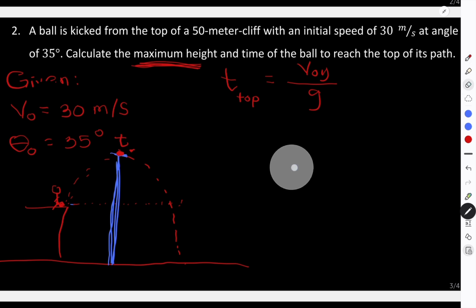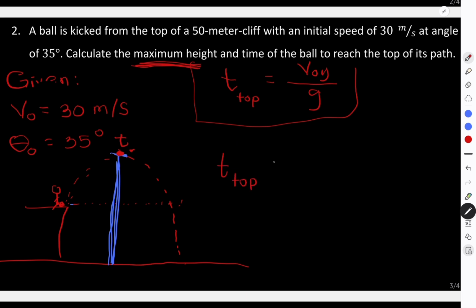So this is our new formula. But since we don't have our y component yet, we just simply change that into initial velocity multiplied by the sine theta all over by gravity. So that is our new formula.